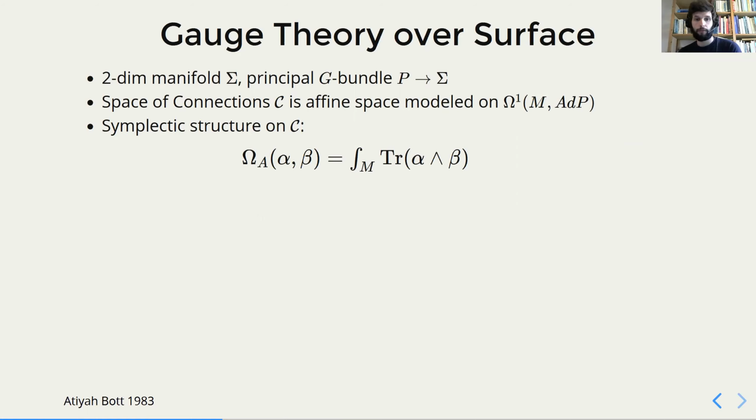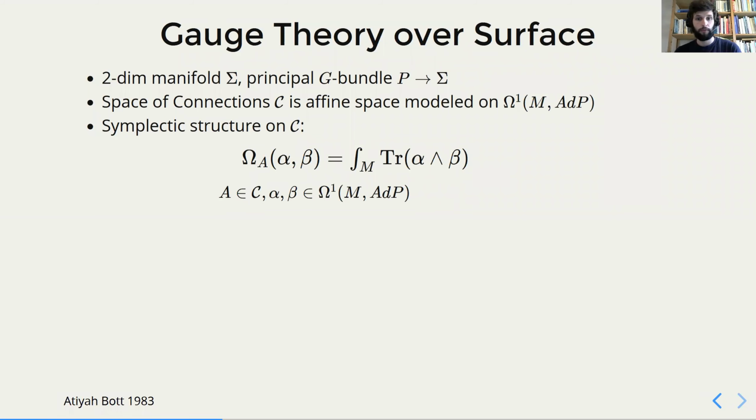And Atiyah and Bott defined the following symplectic structure on C. First of all, we have a connection that we fix as a base point, and then we add two elements of the tangent space. Because it's an affine space, the elements of the space of connections are just elements of this vector space.